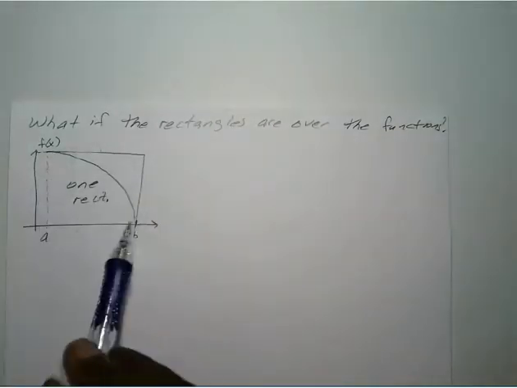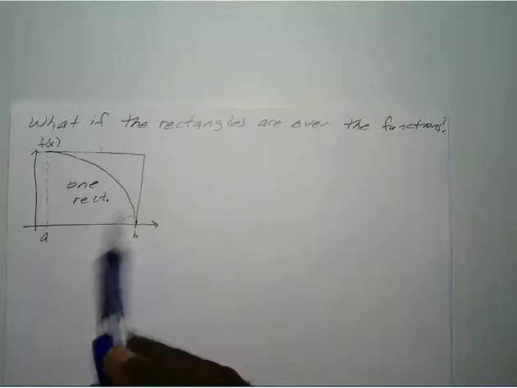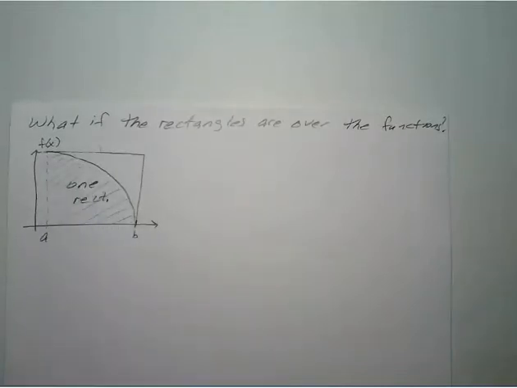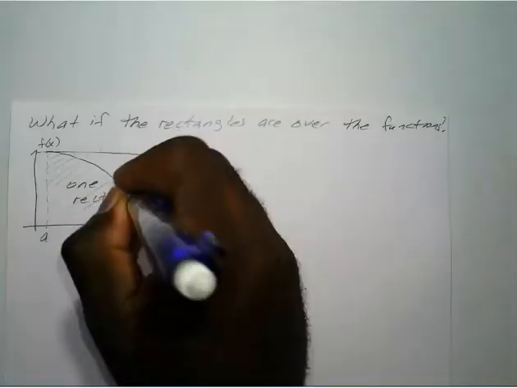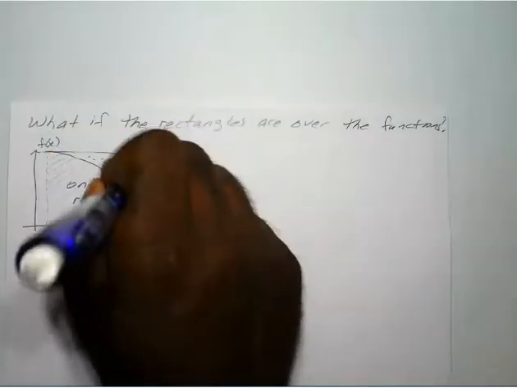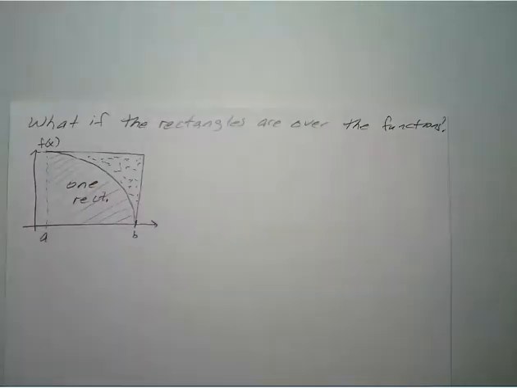Okay. Now the only difference is we're looking for just the area under here, which means all of this is just a bunch of extra. Okay, we kind of overshot that one. Okay. But we still have an approximation. It's not a good one, again, but we have an approximation.